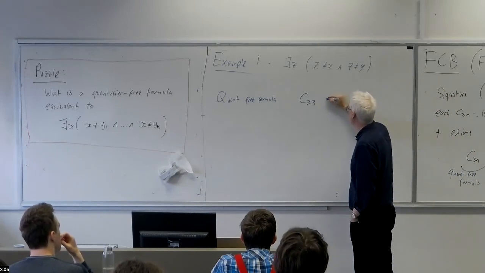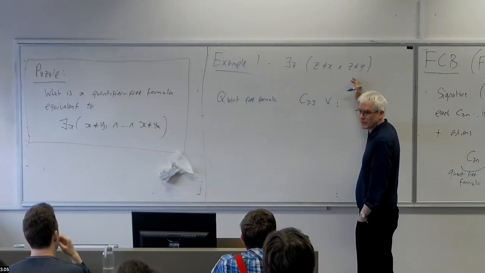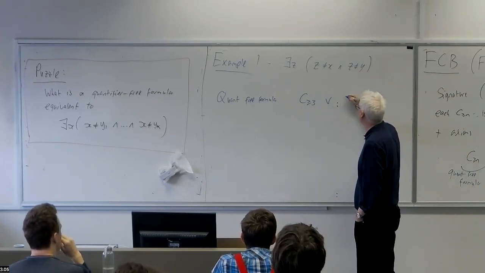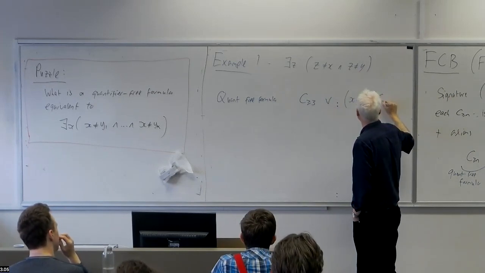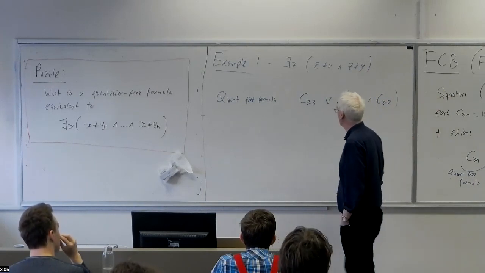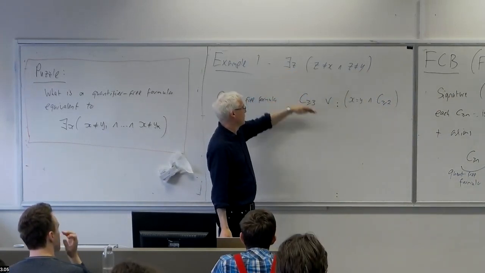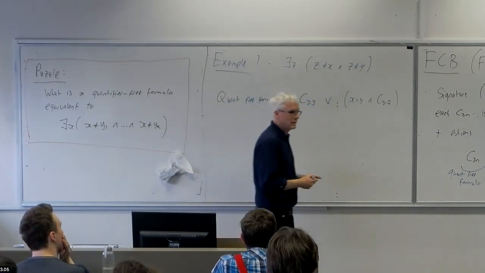So there are two possibilities, and the disjunction of them is equivalent to this formula. So either the cardinality is greater than or equal to 3, or x equals y and the cardinality is greater than or equal to 2. Think about it a little bit. You can see that this formula implies that, and this formula implies that. Okay.